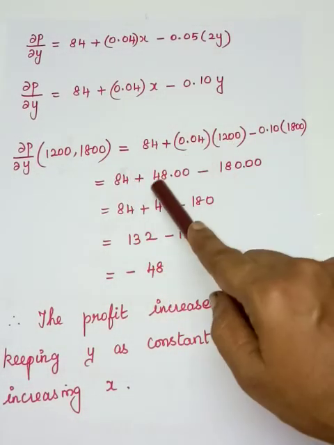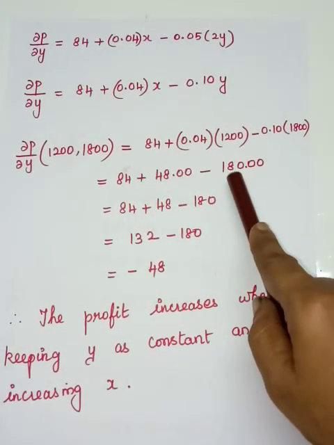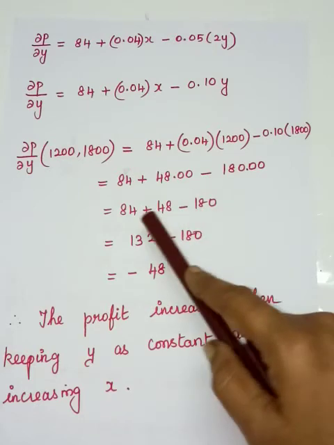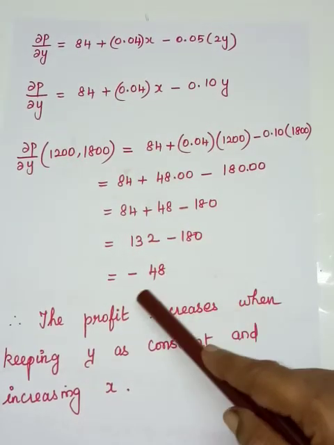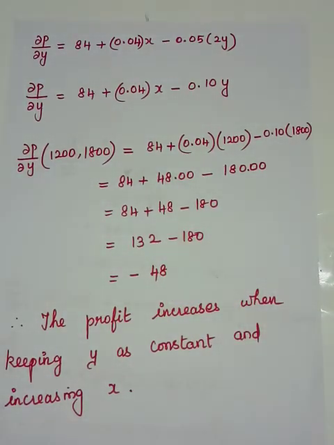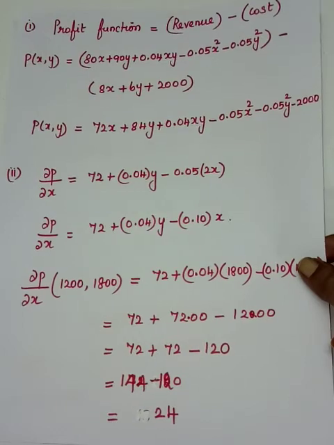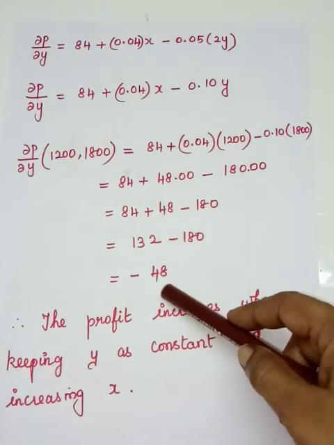When you multiply these two, 48. When you multiply, it is 180. So 84 plus 48 is 132 minus 180, that is equal to minus 48. Okay, you see that here dou p by dou x is 24 and dou p by dou y at these values is minus 48.